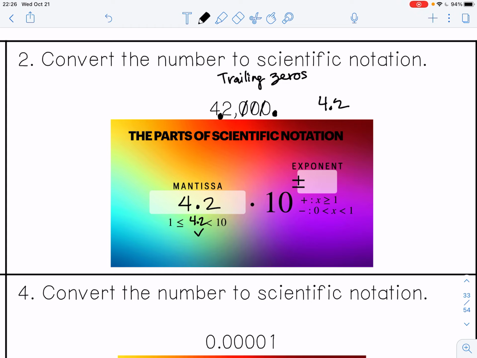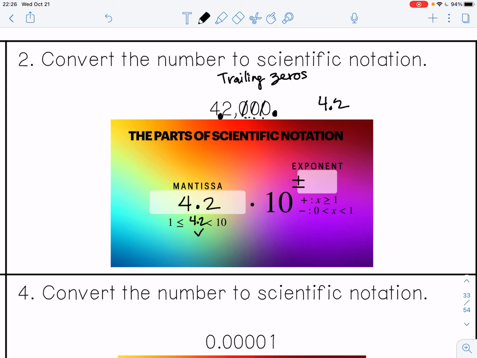You don't have to write those, okay? You just need to write the 4.2 because that's the whole point here. The whole point is to shorten it. Well, it's the zeros that are in our way anyway. So why don't we not write those and make use of the power of 10, because the power of 10 is just going to be adding zeros here. That's the whole point of this, okay?